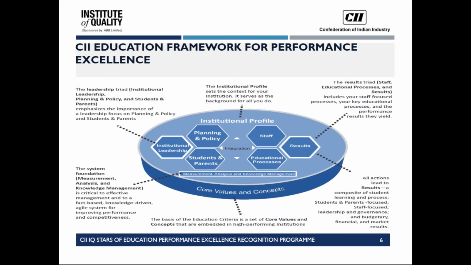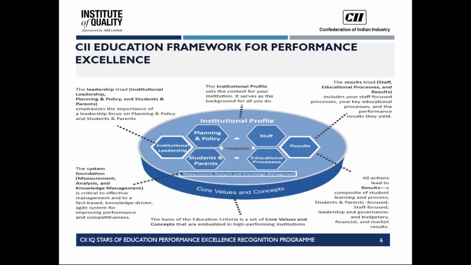Now, the CII Education Framework for Performance Excellence. This performance system consists of 6 categories in the center of the figure, and these categories define your processes and the results you achieve. Performance excellence requires strong leadership and is demonstrated through outstanding results.